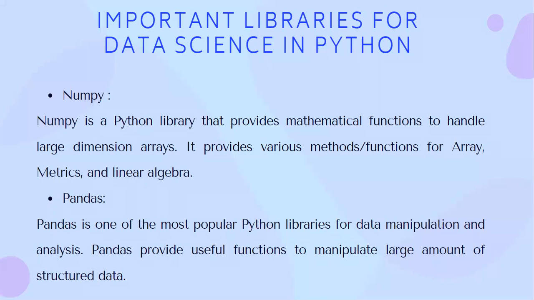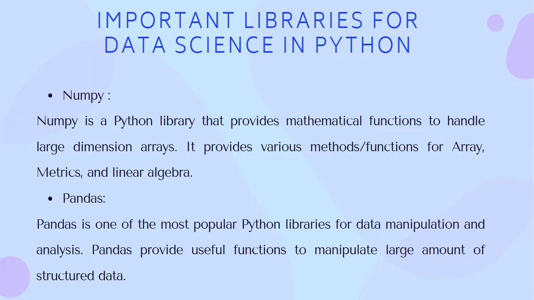And talking about the libraries which are important for data science, NumPy. So what is NumPy? NumPy stands for Numerical Python. It is a library used for computational purposes in Python. Basically, it provides mathematical functions to handle arrays, like high dimensional arrays, and it also provides functions for matrices.